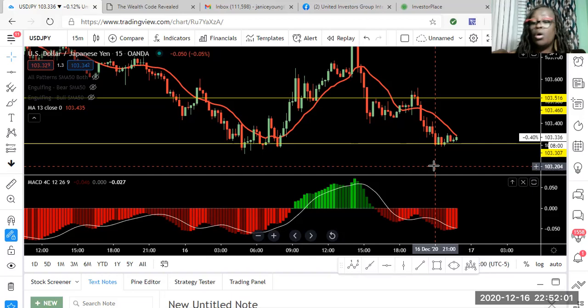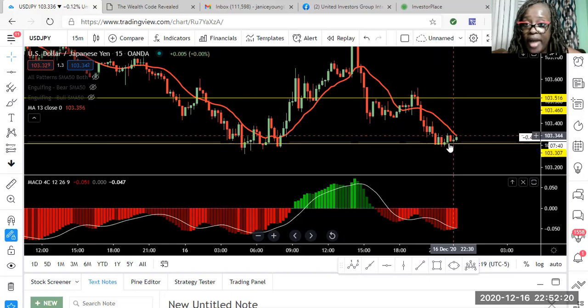Some people enter on different time frames. I like the 15. So you drop down to your entry time frame, and you wait for price to respect that support or resistance level that you identified on the higher time frame. And that's just what happened here.